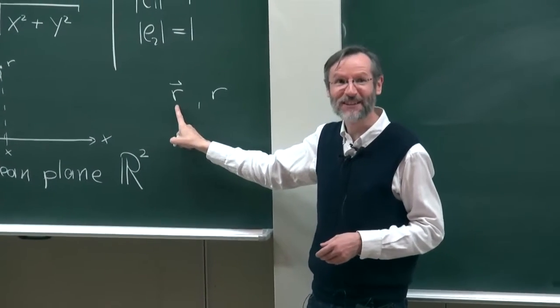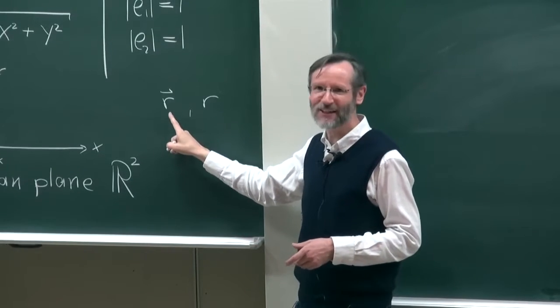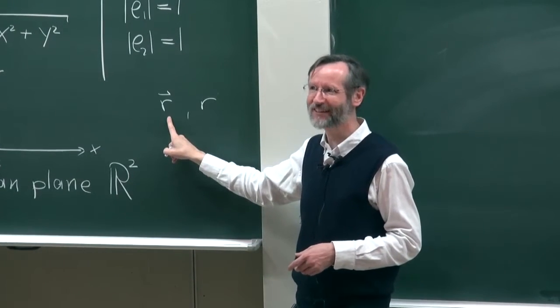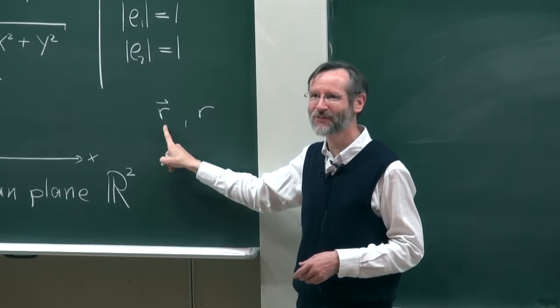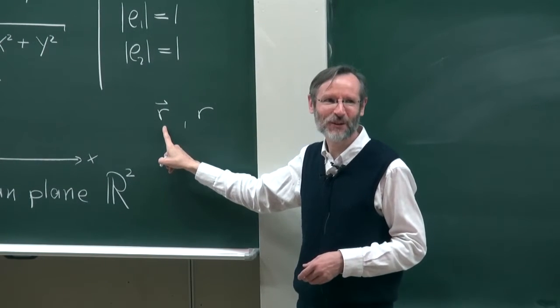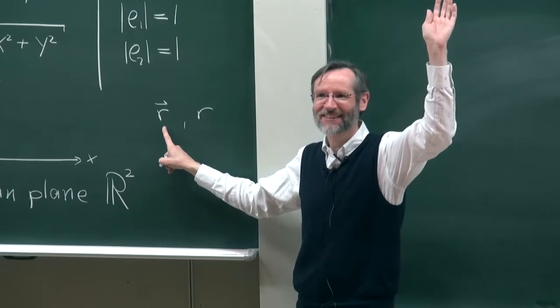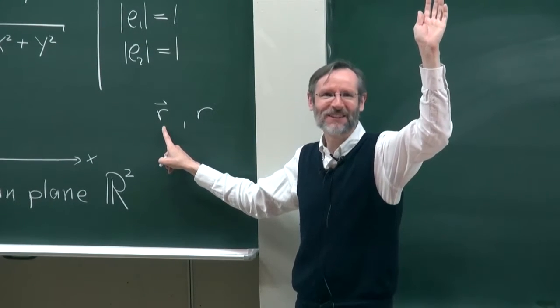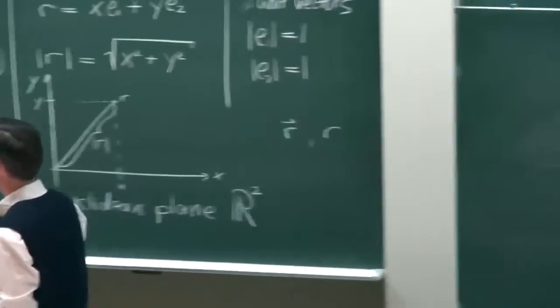That's also very frequent, or just R. So is there anybody who would like me, for clarity, to write R with a vector arrow? If you like me to do that, it's not a big problem. I can do that. So please raise your hand. Yeah. Okay, then I'll switch to the conventional notation, writing vector arrows.